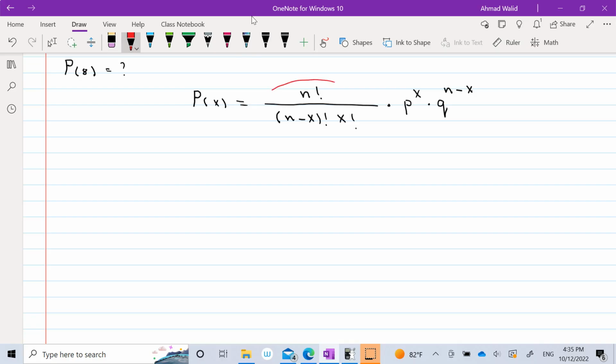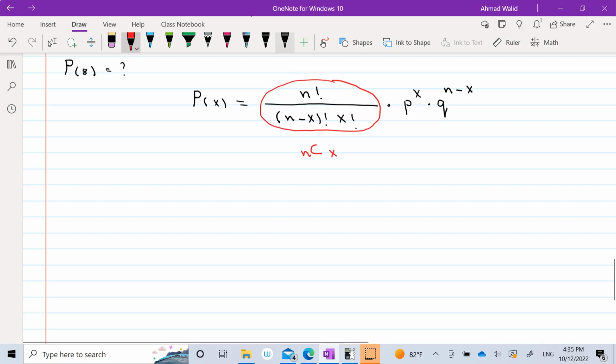This part should be very familiar to you because we used a similar formula before. Instead of x, we had r, lowercase r there. n factorial over n minus r factorial times r factorial. That was your combination, NCR. But here I'll name it NCX.